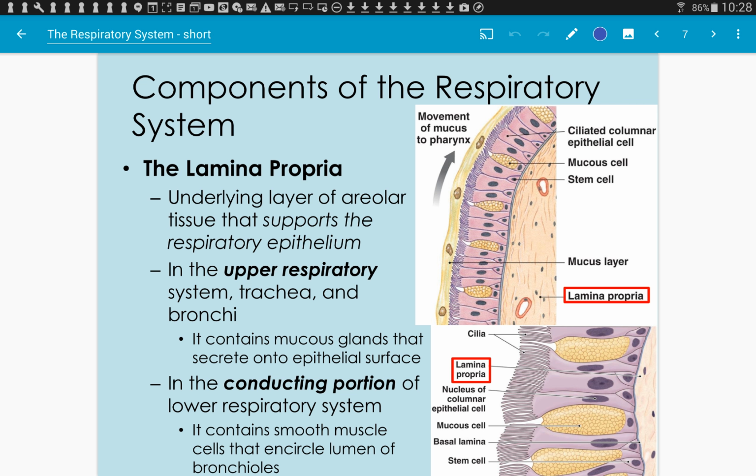So on the upper surface, the apical surface, remember apical is the free surface, you have a layer of mucus. Okay? So remember that mucus helps trap things in the respiratory system and bring them up and out. So we just want to make sure you remember that.